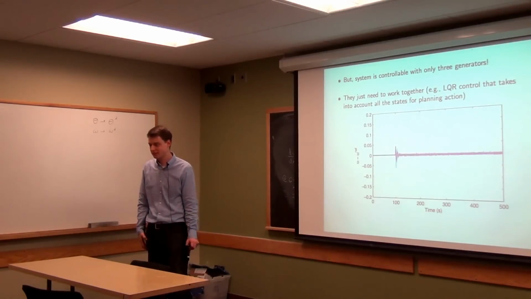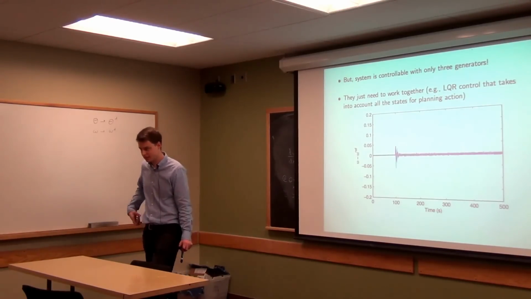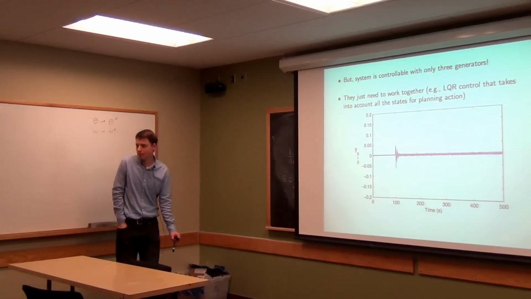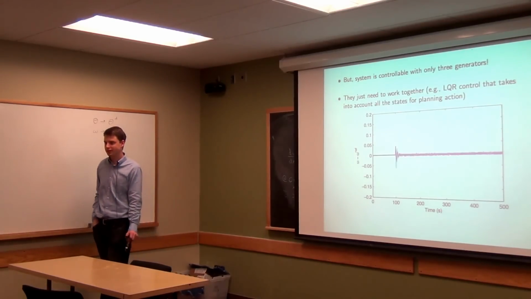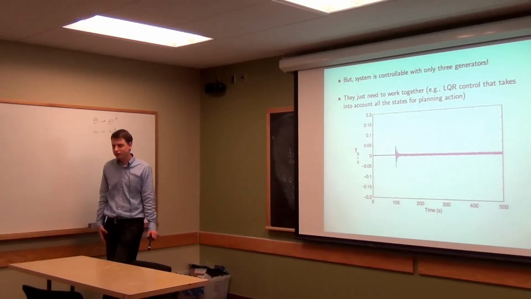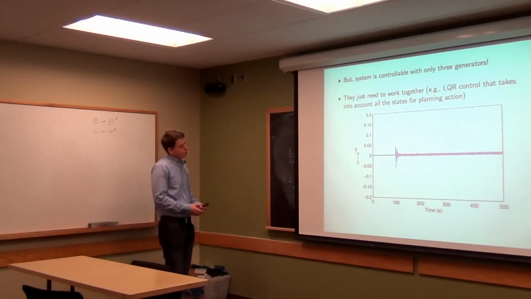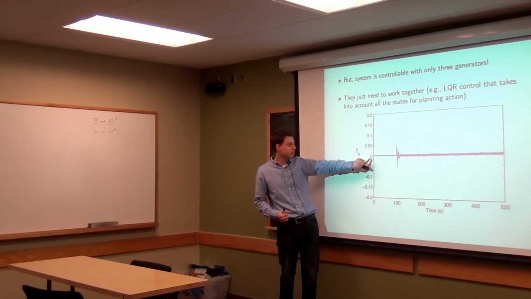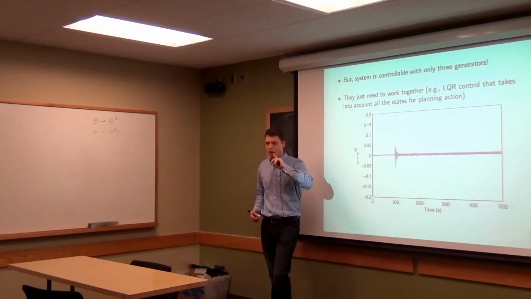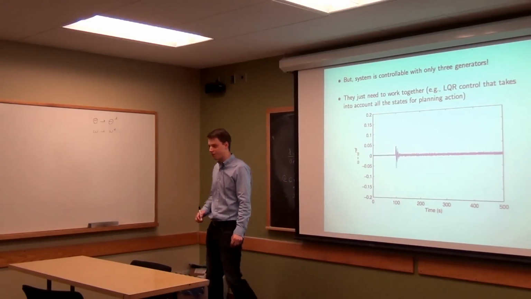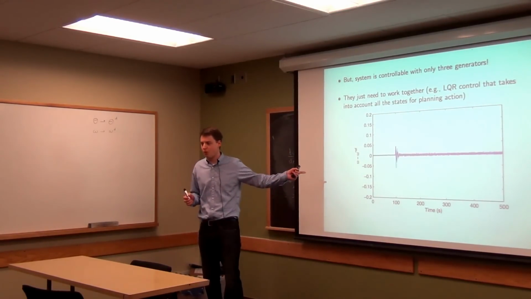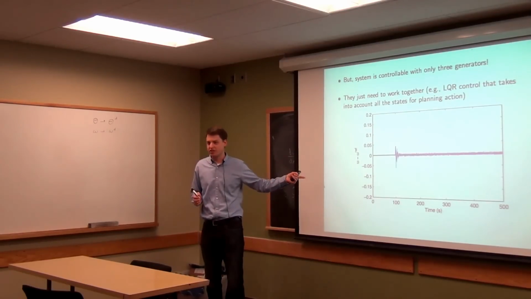Yeah? I have one question. At that part, it gets noisy. What would happen actually? Is the light going to flash? Oh, right here. Well, this is actually a very small amount of frequency deviation. This is 0.05 of one radian per second, so it's a really small actual deviation.